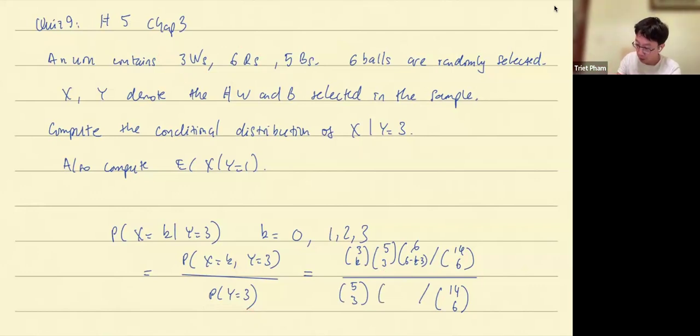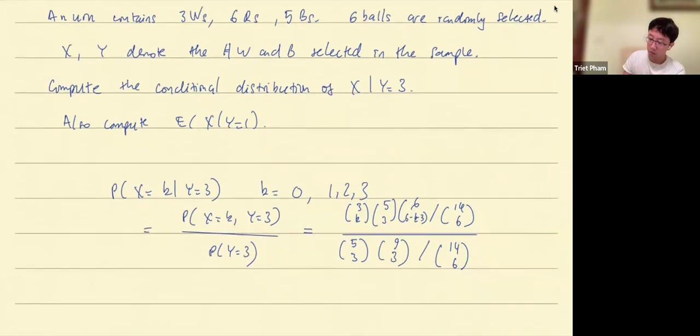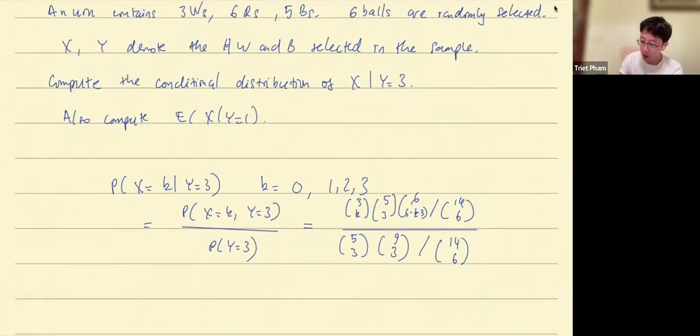So that's 9 choose 3. Okay, so far? Any question? So when it checks out, this cancels, leaving us with 3 choose k, 6 choose 6 minus k minus 3, which is 3 minus k, over 9 choose 3.